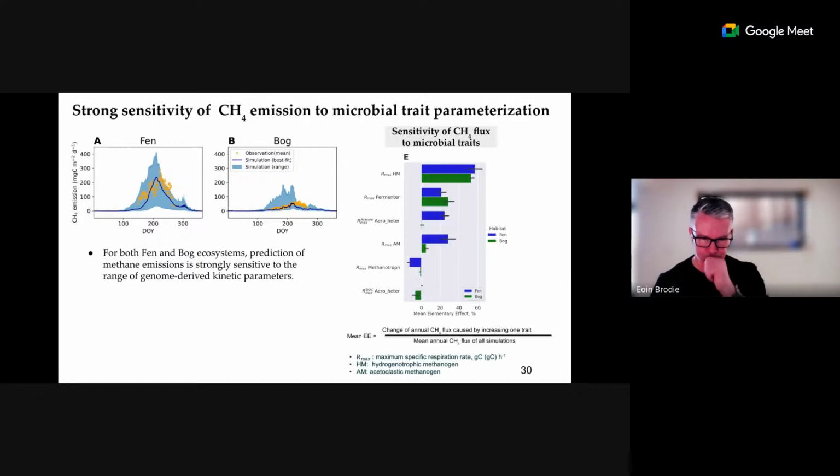And then we can zoom in on the different functional groups, and on the y-axis here is a mean elementary effect. So what is the relative effect of manipulating each of these parameters on methane flux? For hydrogenotrophic methanogens, HM, sorry for the shorthand, these are organisms that produce methane using hydrogen and CO2, the model is extremely sensitive to their parameterization.